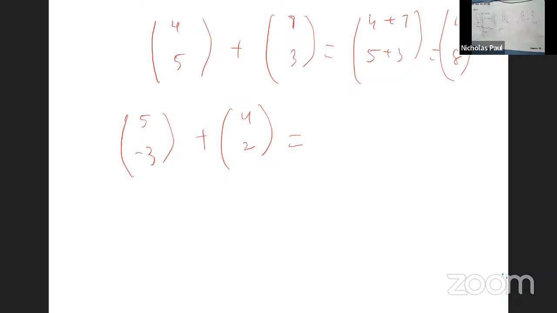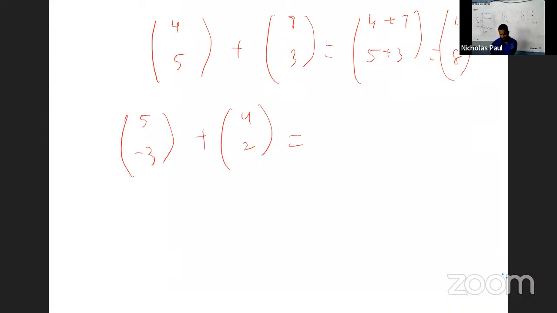Try that. All your notes are on the summary, just focus on writing down practice. So remember, to add, they must be the same size, exactly the same size, in the same exact position.